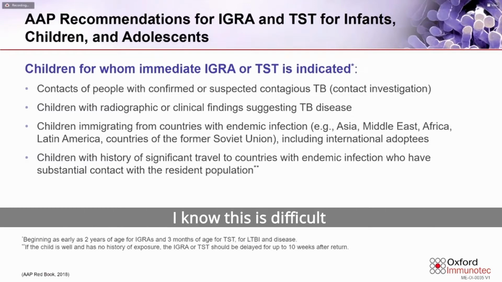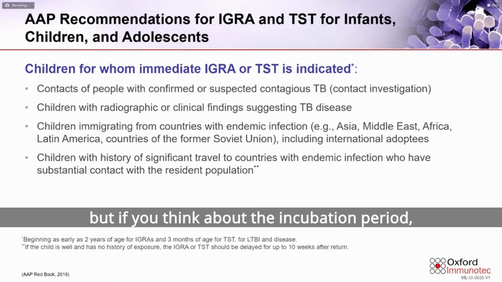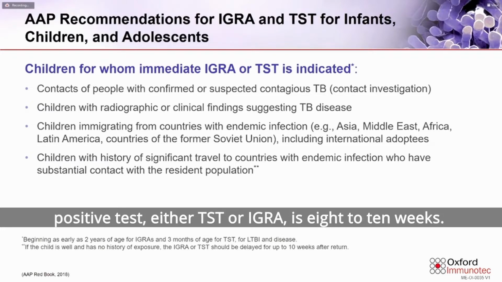I know this is difficult for immigrants because they usually get tested as soon as they come into the country. But if you think about the incubation period, the time that it takes from a person infected with TB to actually show a positive test, either TST or IGRA, is 8 to 10 weeks.